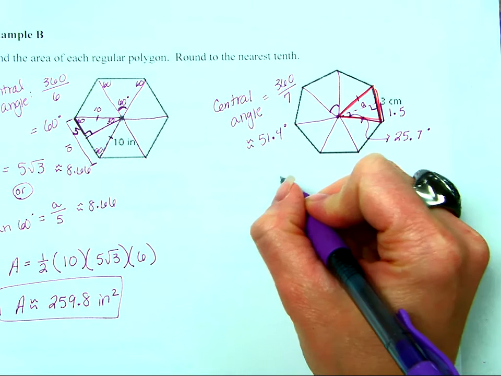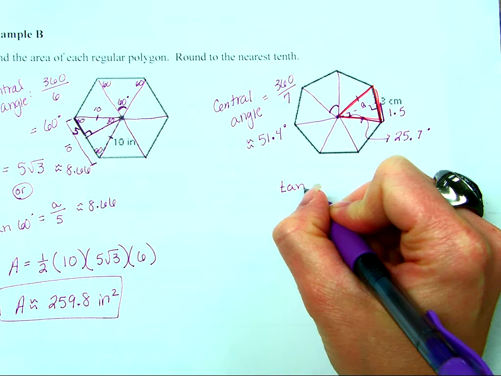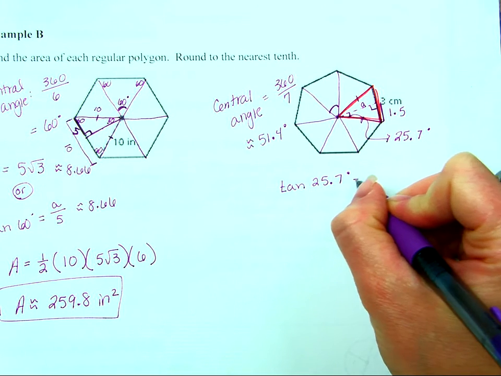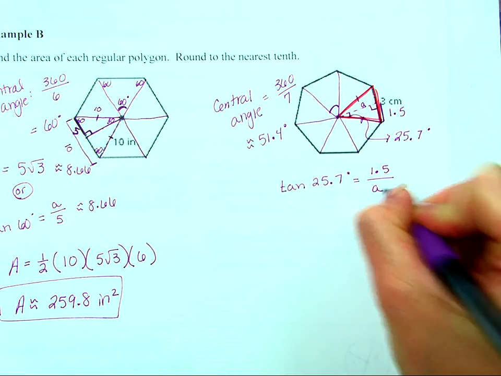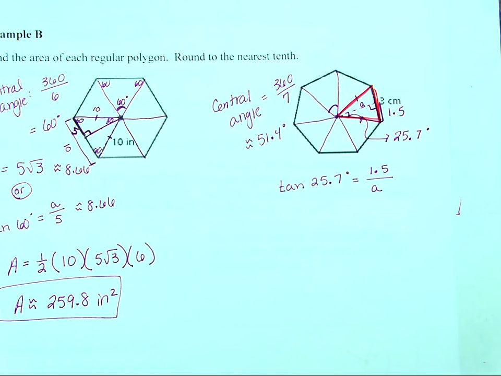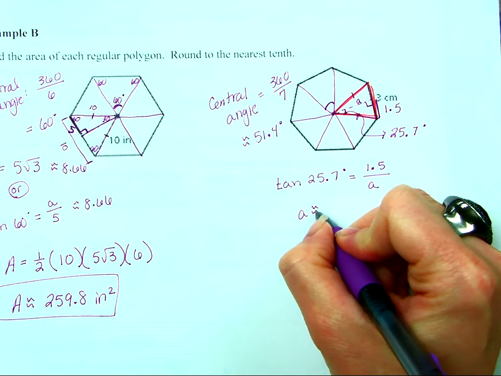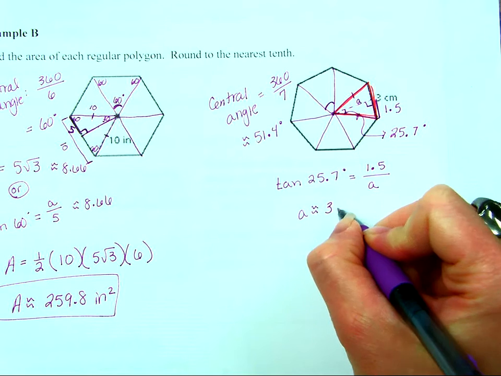So I'm going to take the tangent of 25.7 degrees, opposite over adjacent. I'm going to take 1.5 and divide by tangent of 25.7. We're going to find that that apothem is approximately 3.1.